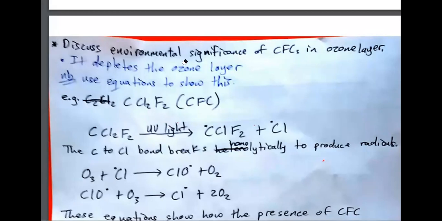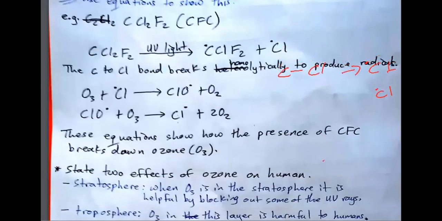So the UV light, let me pause. All right. So the carbon to chlorine bond is broken and you get a radical. The carbon, that is where the dot here comes from, and the chlorine radical.